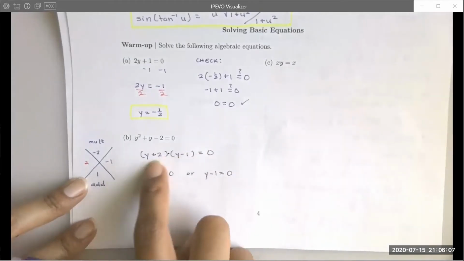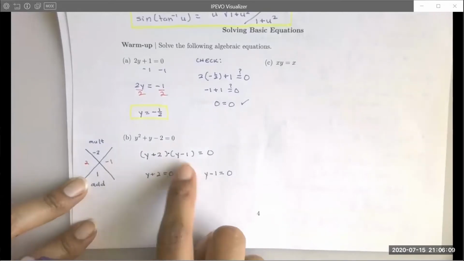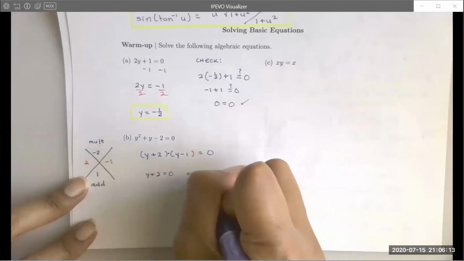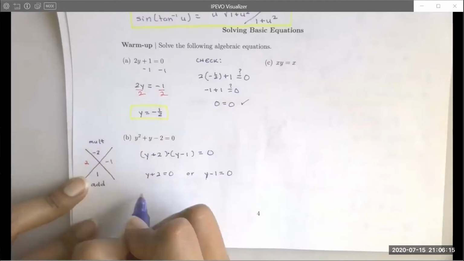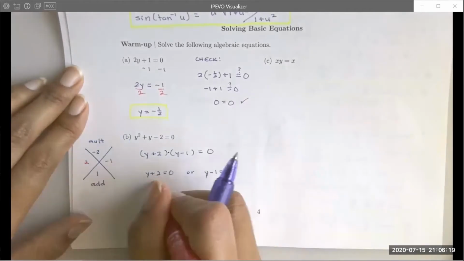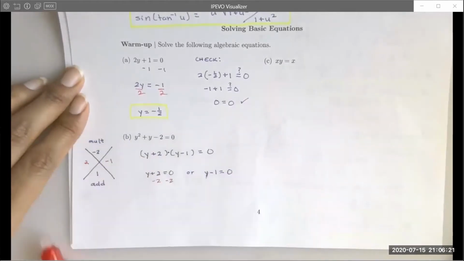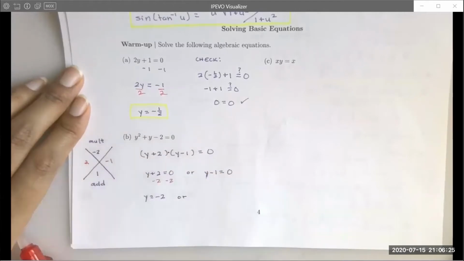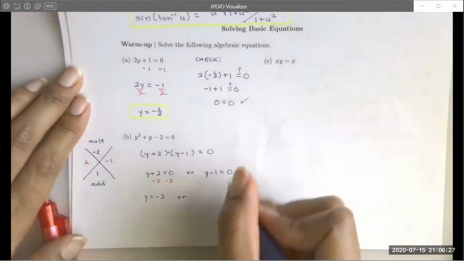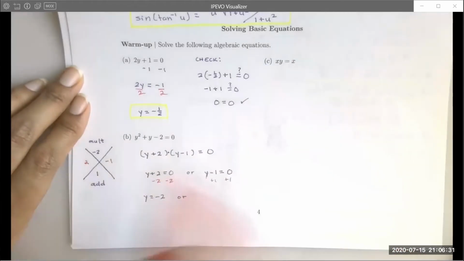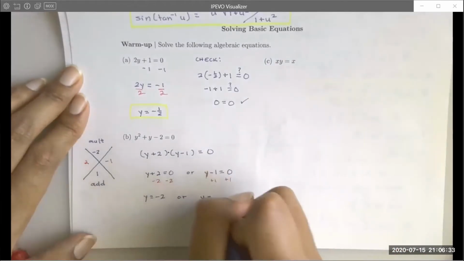So either y plus 2 is 0 or y minus 1 is 0, or maybe both are 0. But this is now a very simple linear equation: I can subtract 2 from both sides to get y is equal to -2, or I can add 1 to both sides in this second equation to get y is equal to 1.